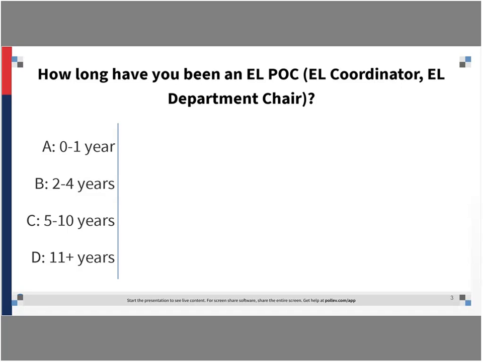How long have you been in the role where you are responsible for the needs of English learners? And you have some choices. A, 0 to 1 year, B, 2 to 4 years, C, 5 to 10 years, or D, 11 plus years.